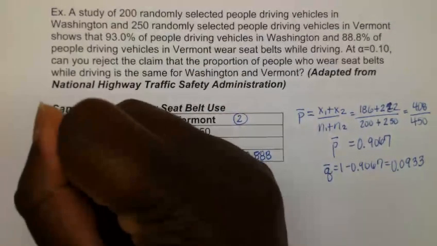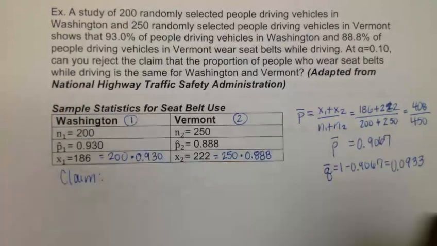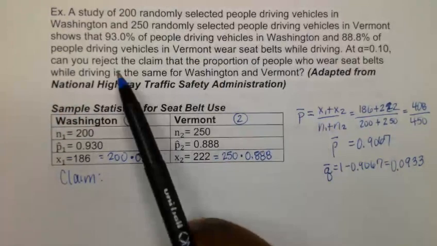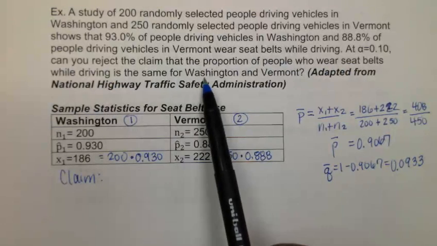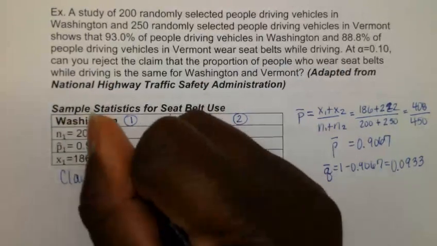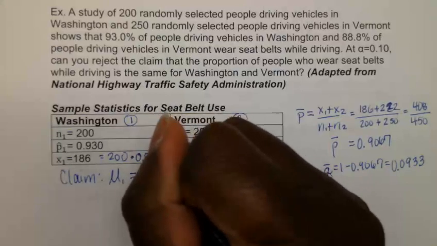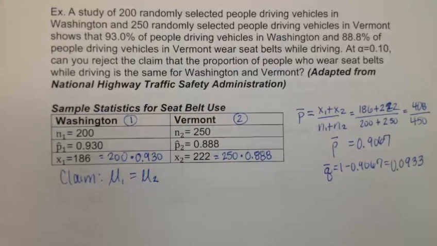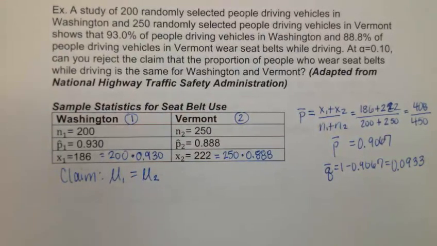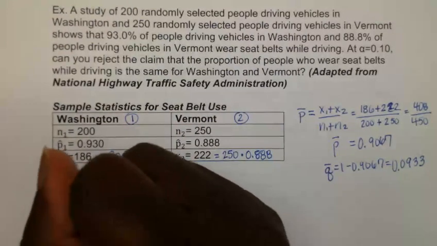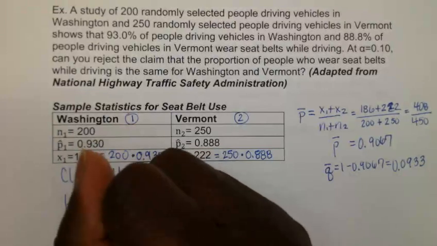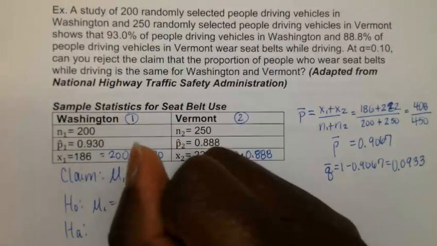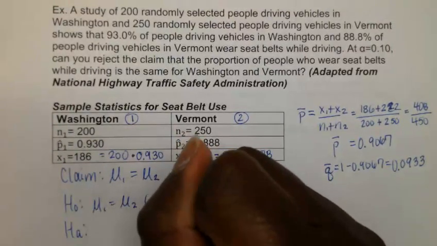All right, so let's look at that claim. The claim states that the proportion of people who wear seatbelts is the same for Washington and Vermont. So it's the same. Where does that go? That goes in H0.